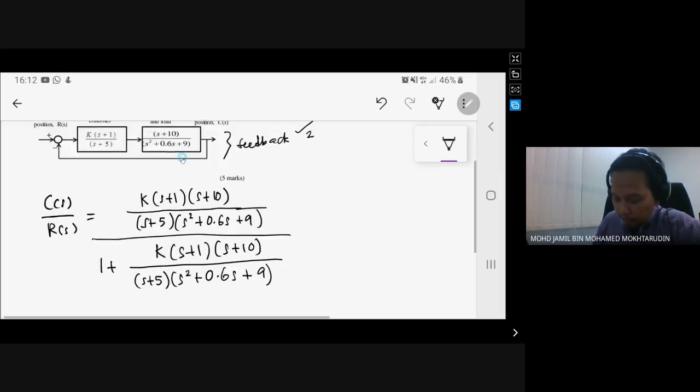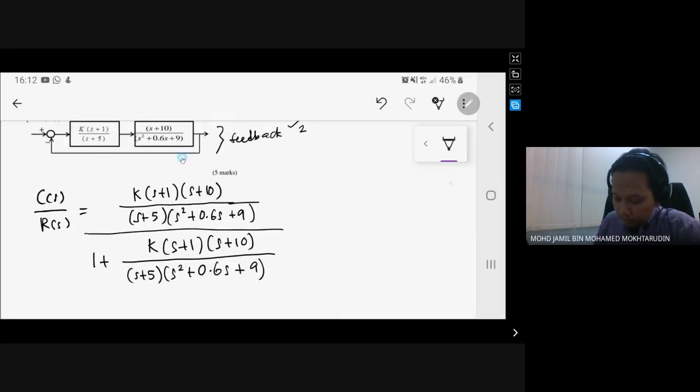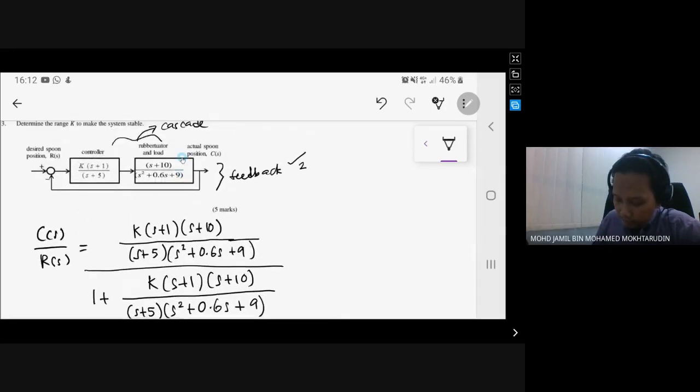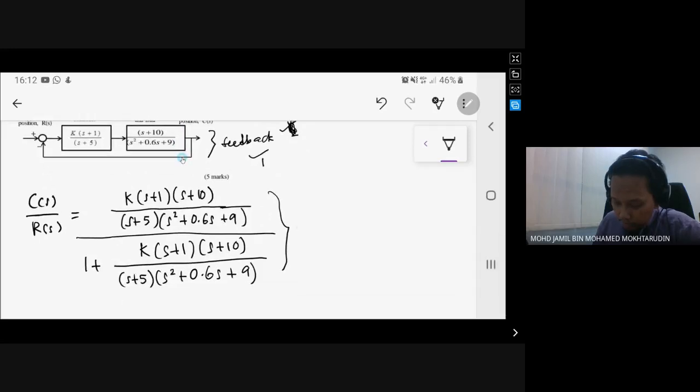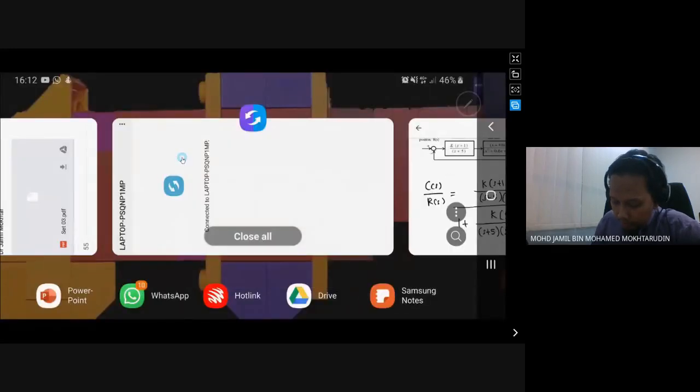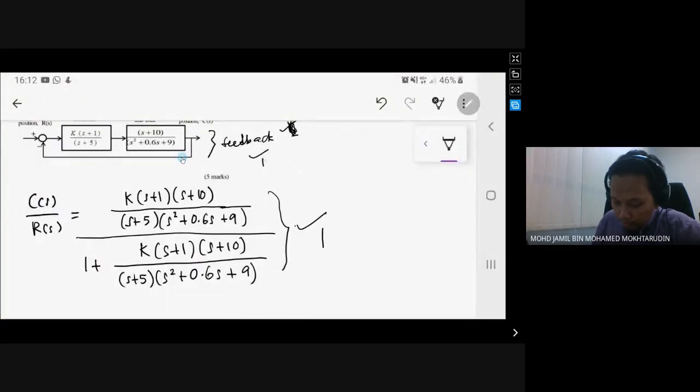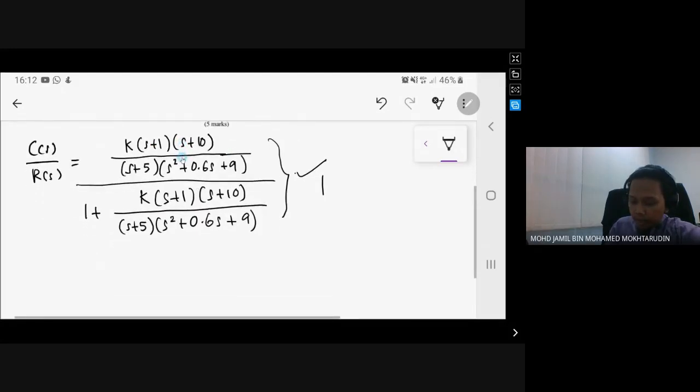So if you have this and this, you get 1 mark for saying cascade feedback, and you actually show the calculation to simplify. And then 1 more mark for getting the final transfer function.